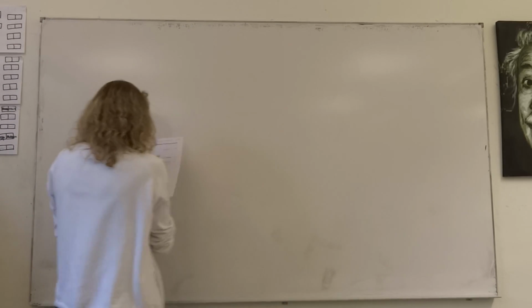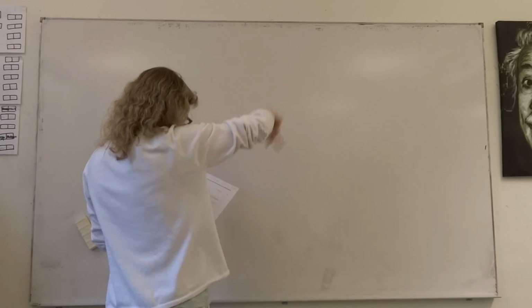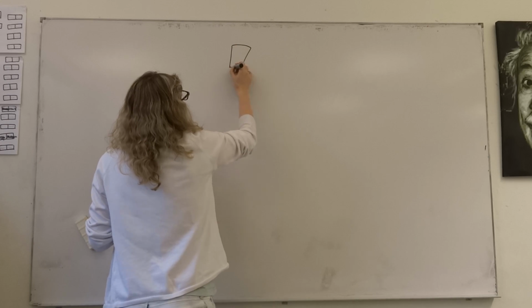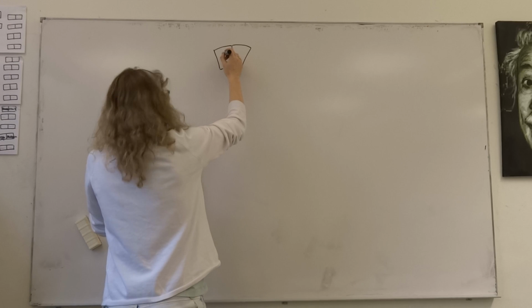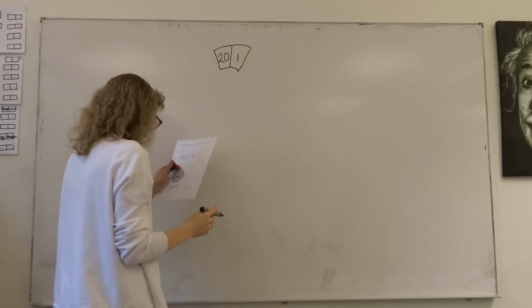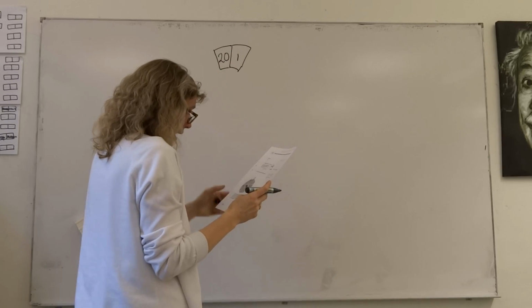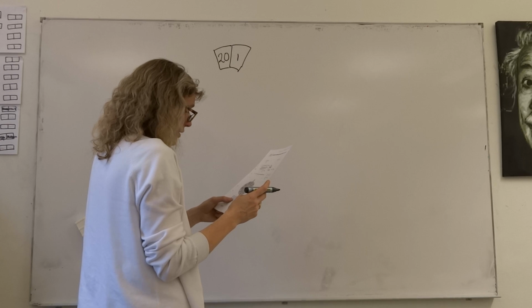Then we're at the fairground. And what do we know? We're spinning the wheel of fortune, and we've got the numbers starting here at number 1 and going all the way up to number 20. Lisa's going to play on the lottery, and she plays once.